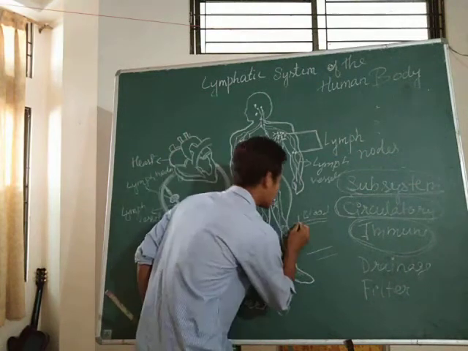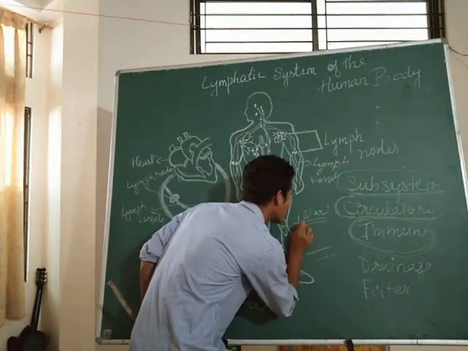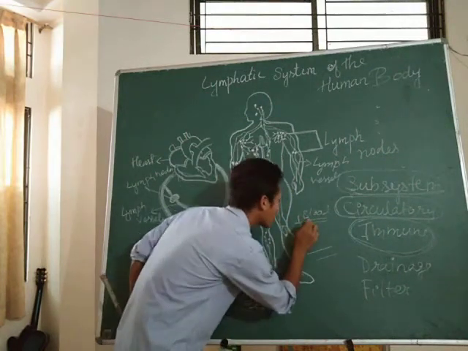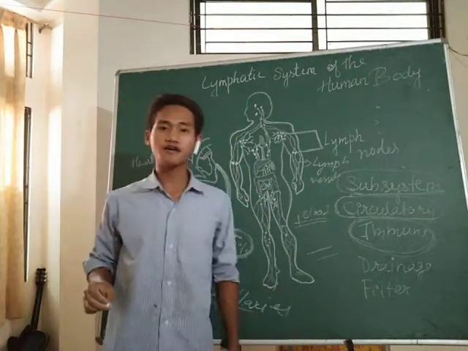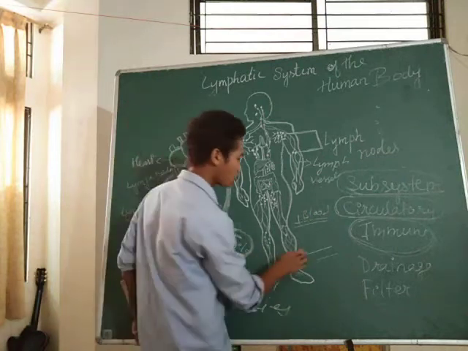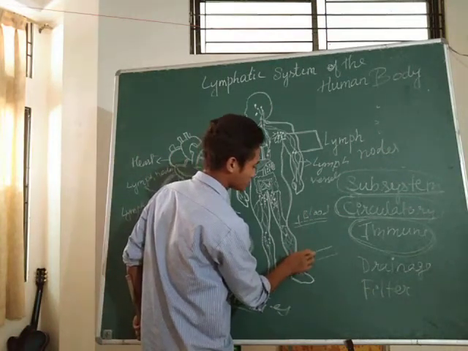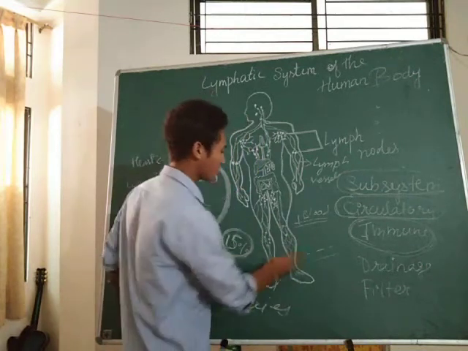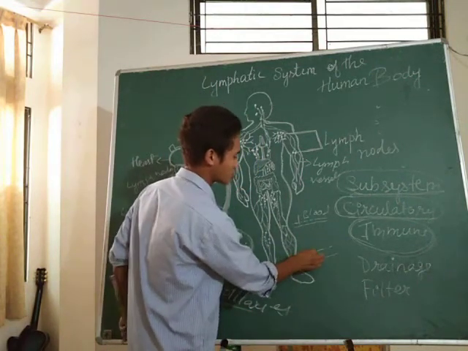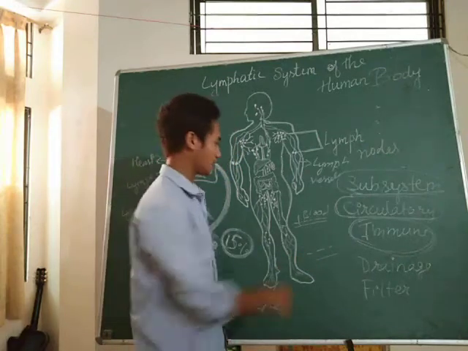The spaces between these openings are very small compared to the spaces in the lymph vessel. In the lymph vessel, the spaces are comparatively larger than in the blood vessel.